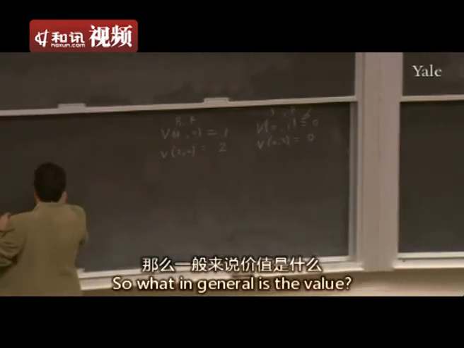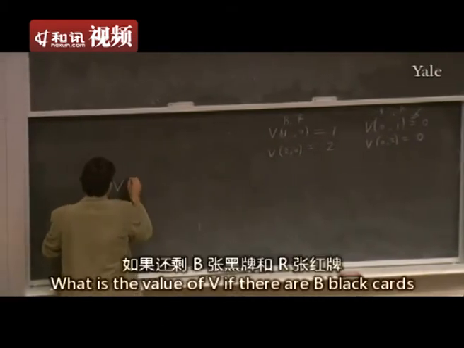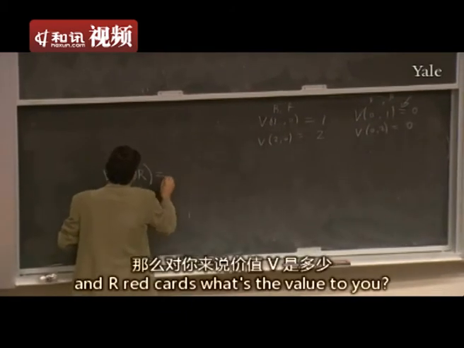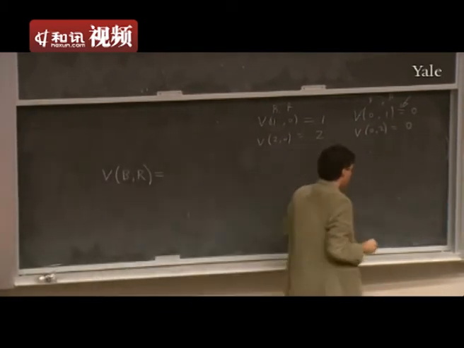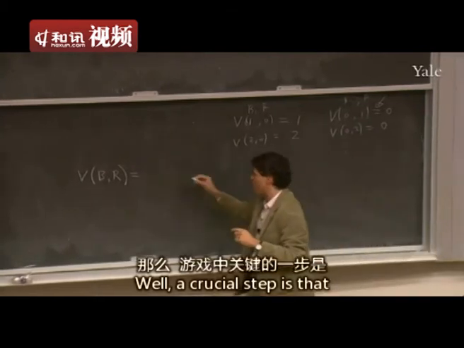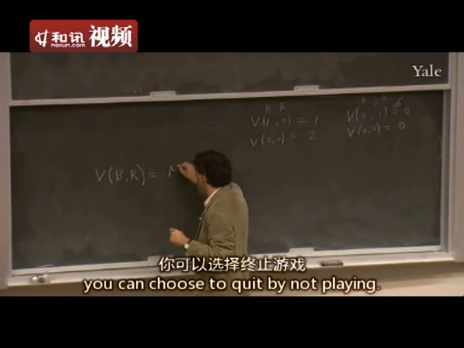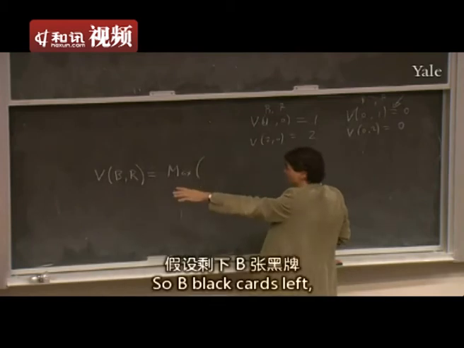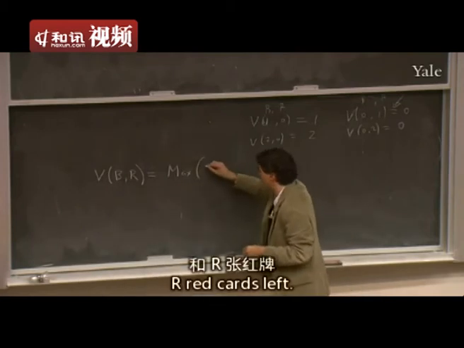So what in general is the value? What is the value V if there are B black cards and R red cards? What's the value to you? Well, the crucial step is that you can choose to quit by not playing. So this is the value from then on to you, with B black cards left and R red cards left.